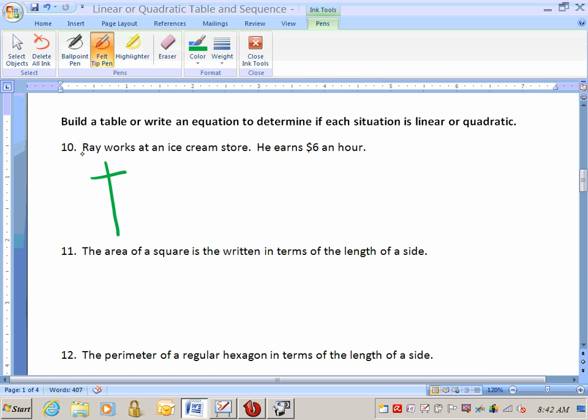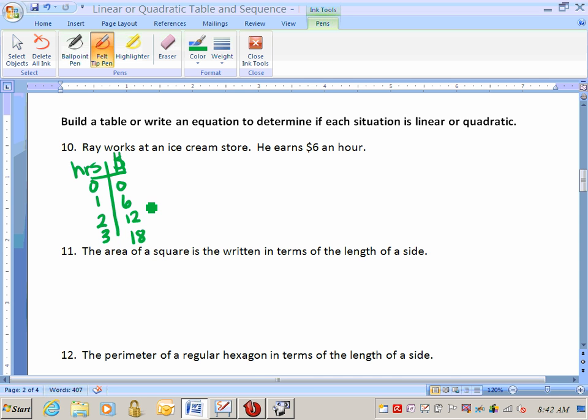So my x would be what? Hours. And the y would be money, right, or pay. So at 0 hours, how much money does he have? $0. At 1 hour, he's got, 2 hours, he's got, and 3 hours, he's got.